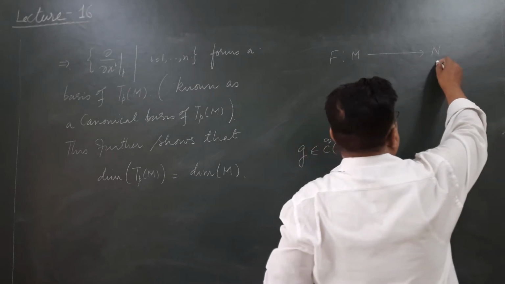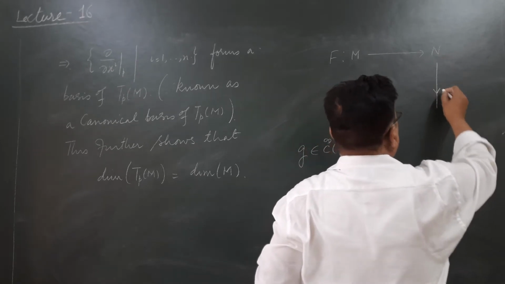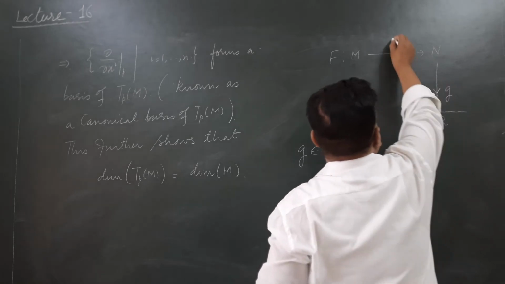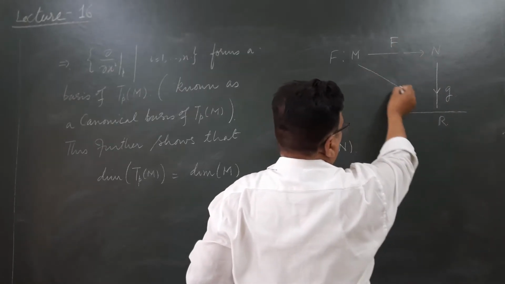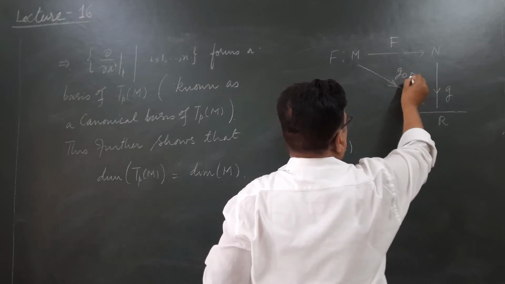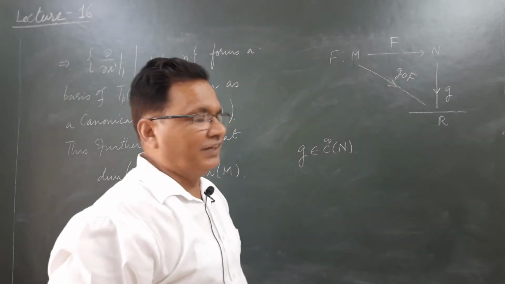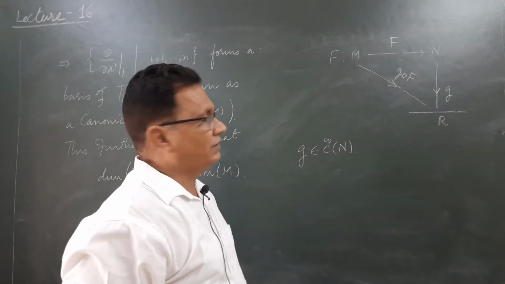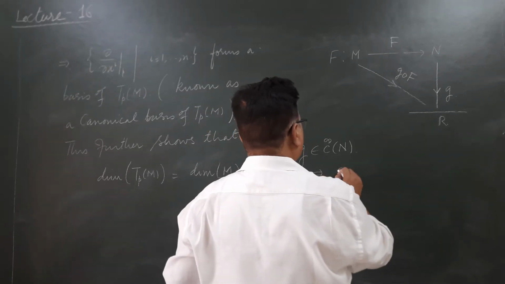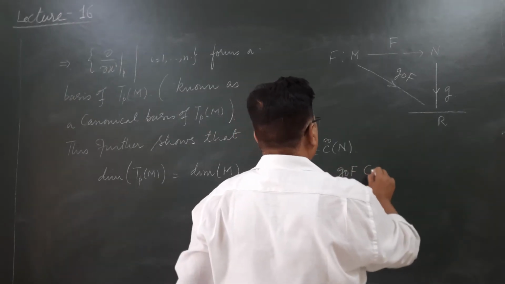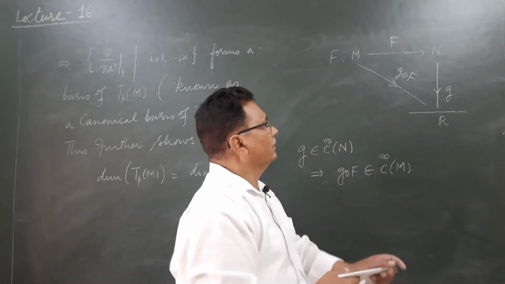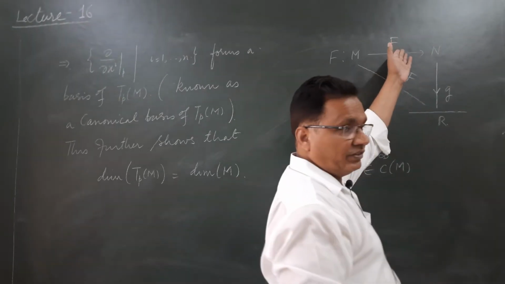Let us see. That is easy. I am saying that g is a real valued function on N. So this is g, this is F. Now just compose the two. So this will give you g composition F. So g composition F is a real valued function on M. It will also be differentiable because this is differentiable, this is differentiable.